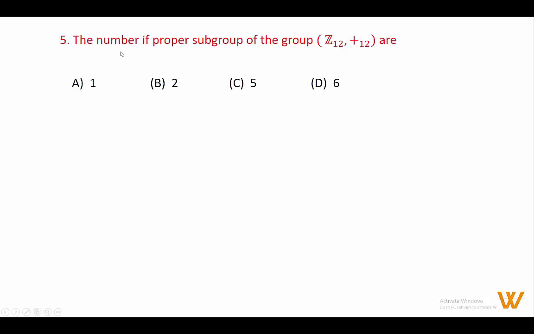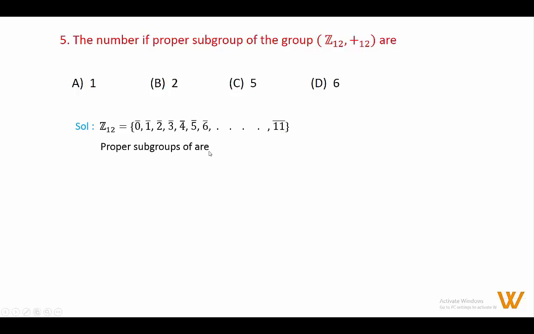5. The number of proper subgroups of the group Z modulo 12 under addition. See here, Z modulo 12 is a set containing elements 0 bar, 1 bar, 2 bar up to 11 bar.